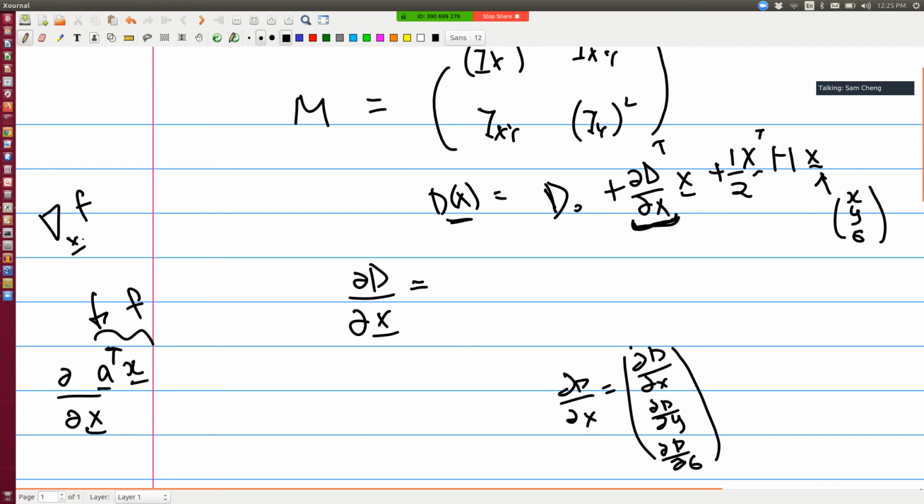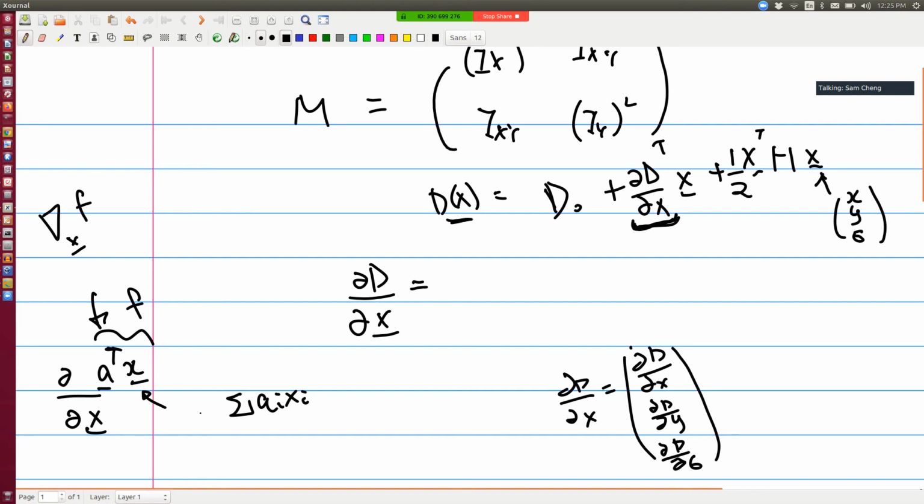It's just a different notation. First of all, this is just the summation of a_i x_i, so it's just a dot product of a and x.